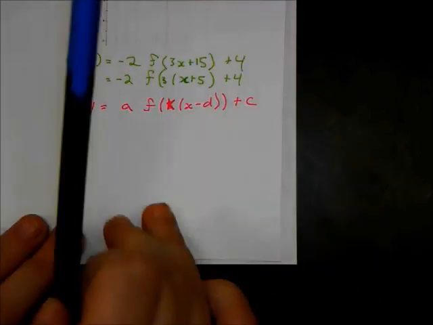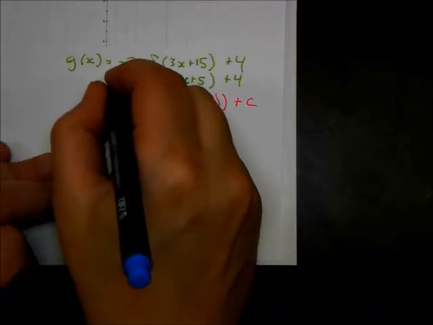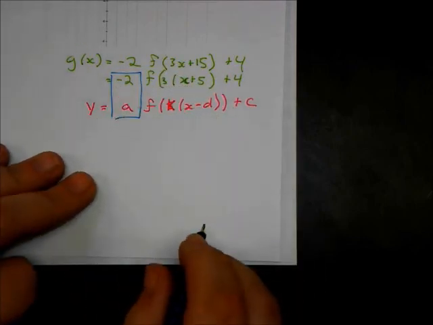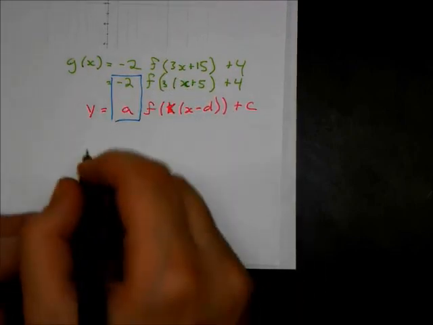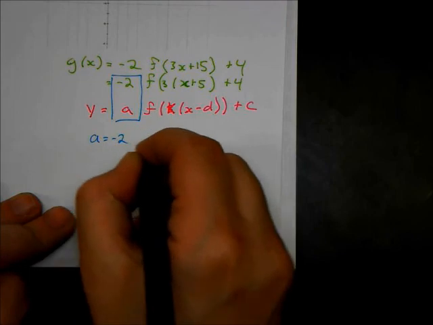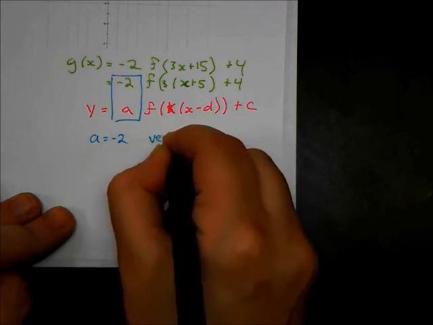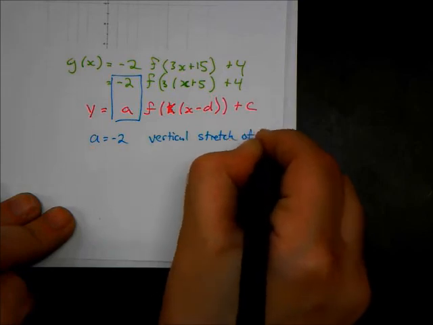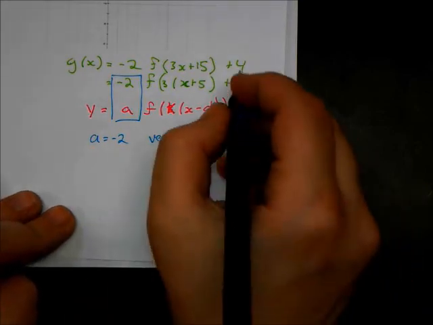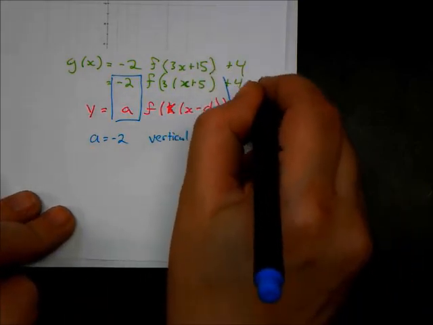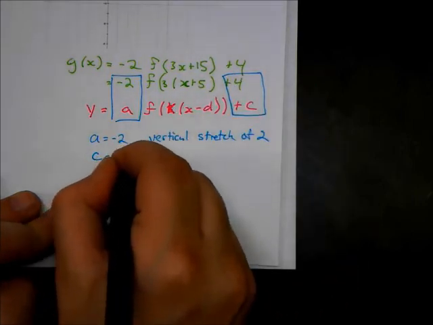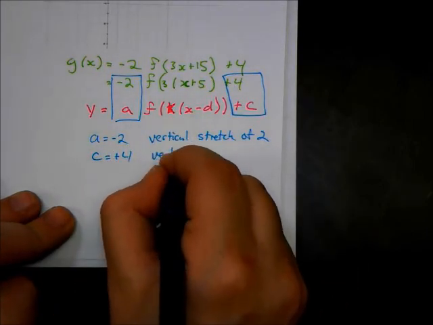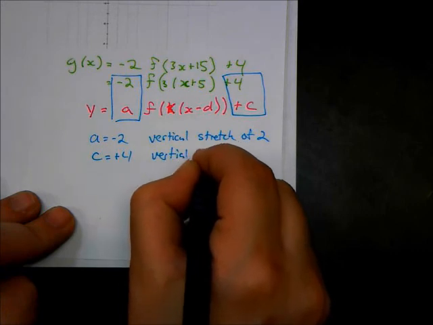And now we can see that our a is -2. This tells me we have a vertical stretch of 2. We can see our c equals +4. This is a vertical move.